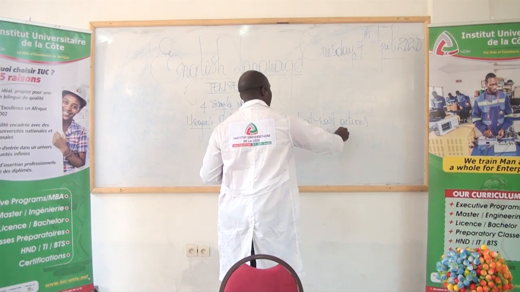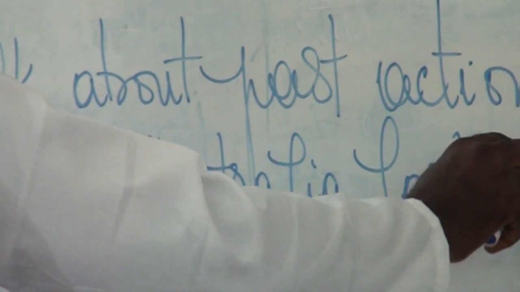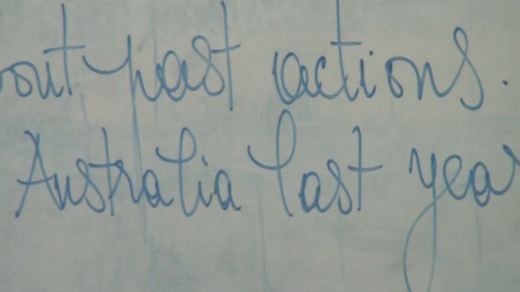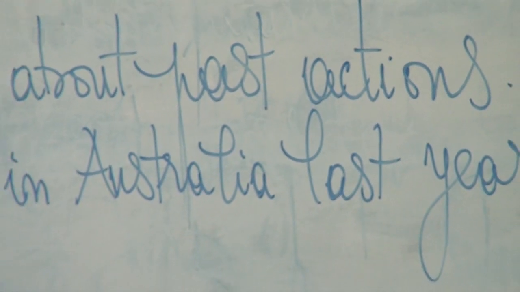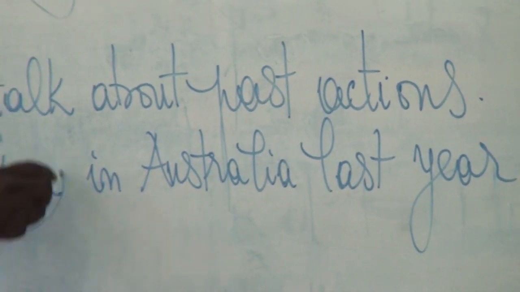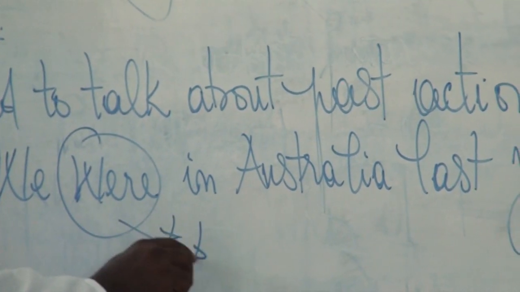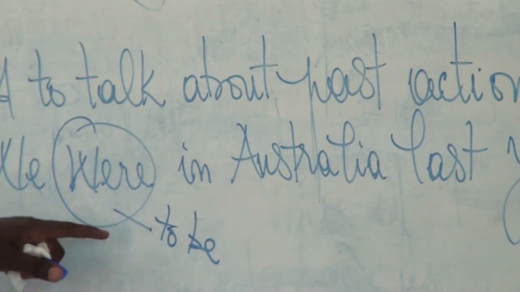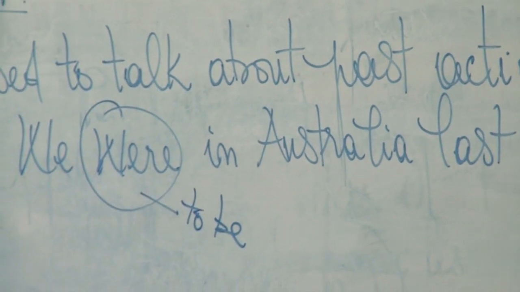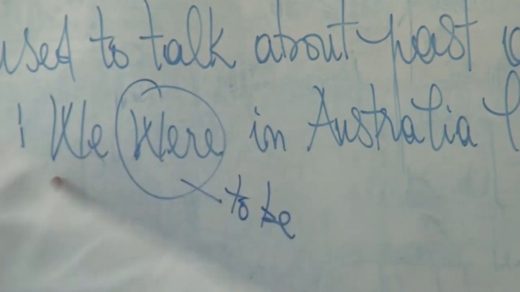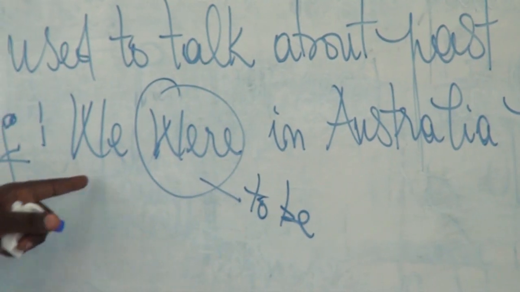We were in Australia last year. You see, we were in Australia last year. The verb were. This is the simple past tense of the verb to be. Okay. We were in Australia. This is a past action.